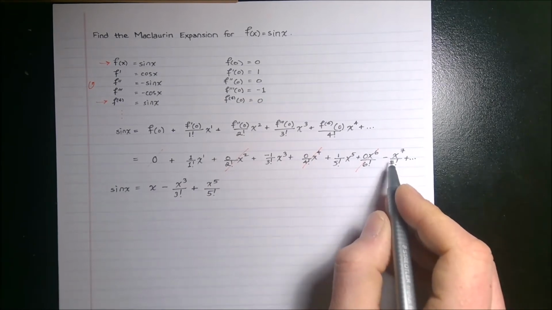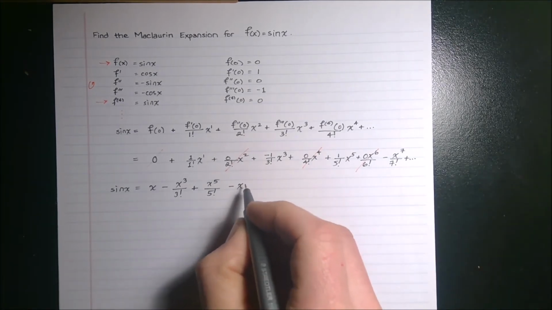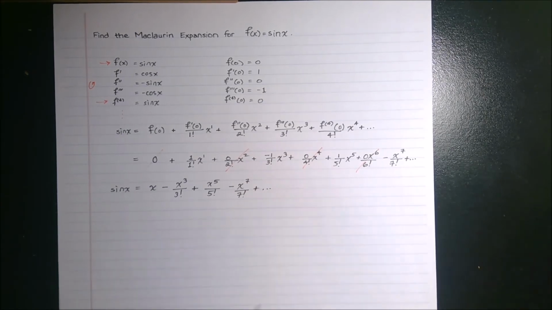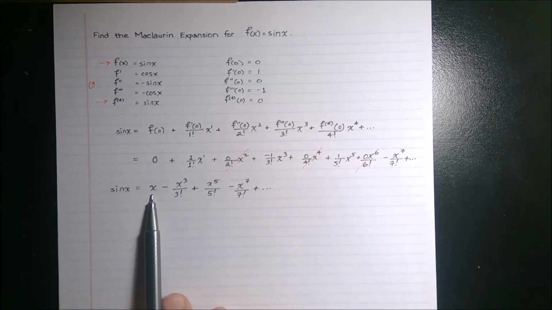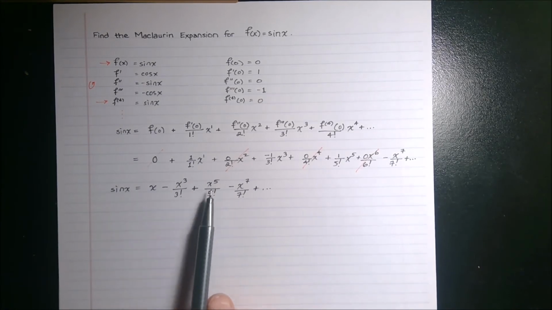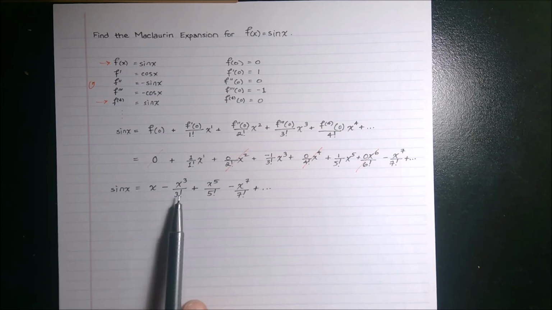What happens to the seventh? Now it's minus, over 7 factorial. And that's going to go forever: positive term, negative term, positive term, negative term. And look at the exponents and the factorials: they increase by one odd number every time.